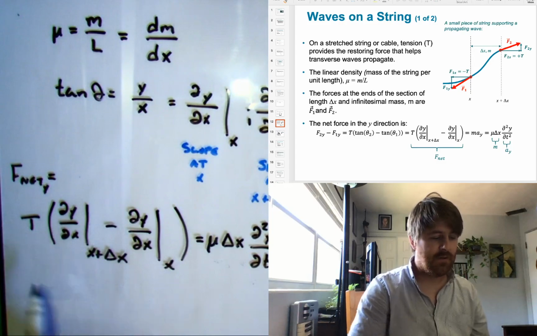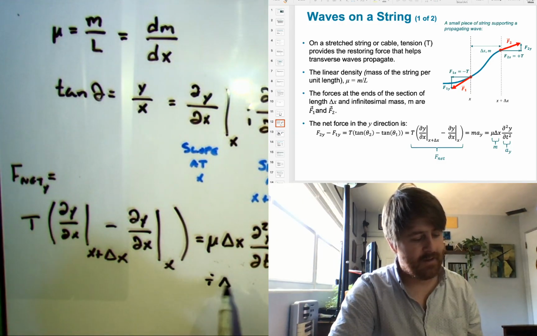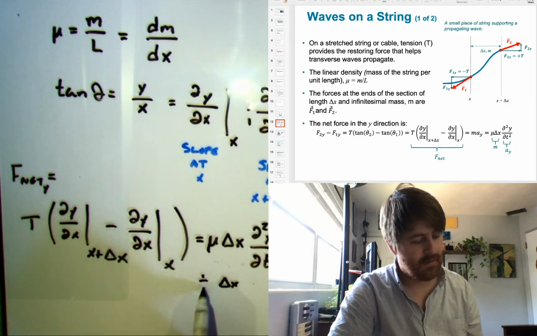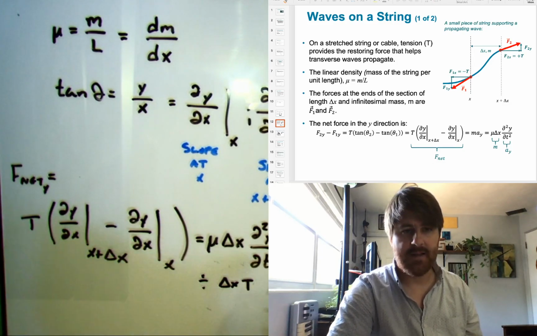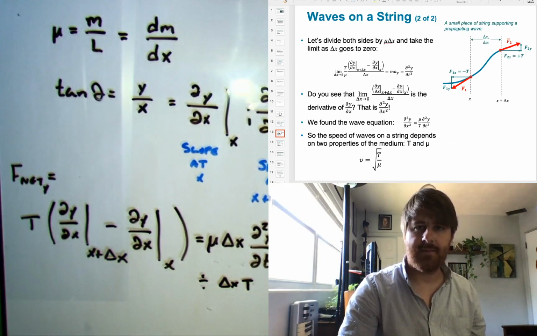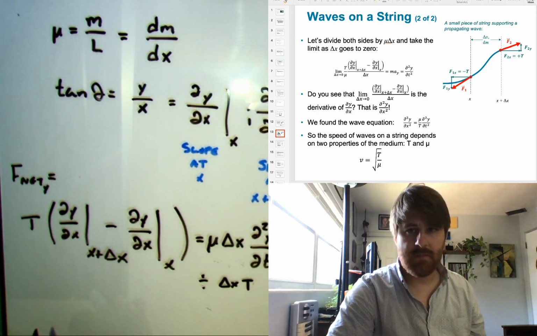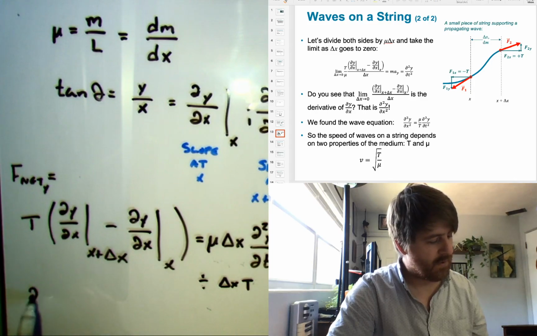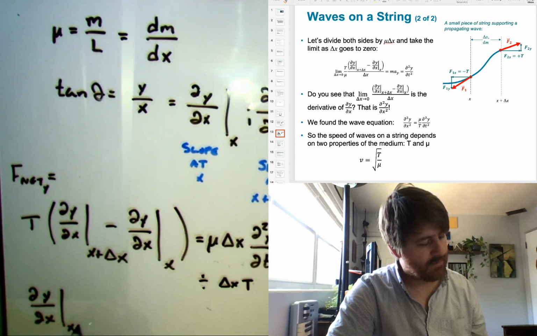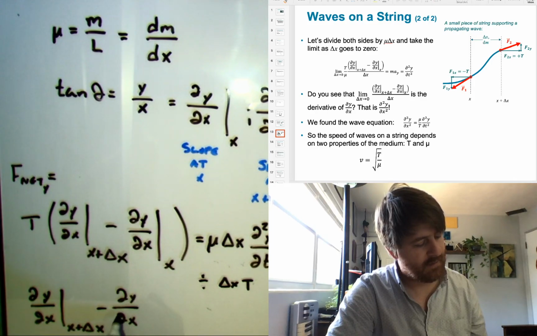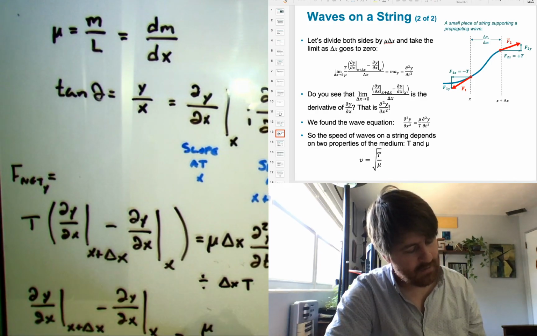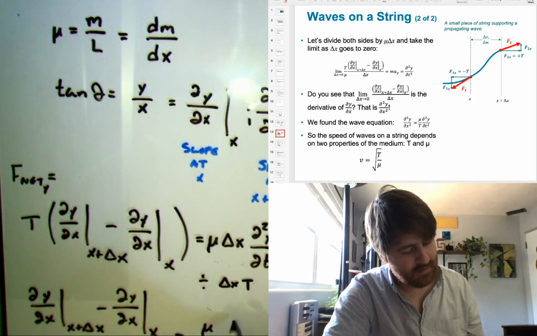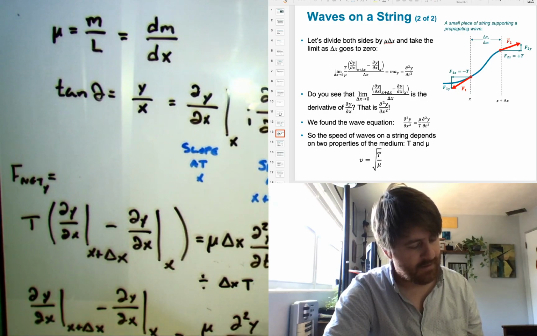Once we do this, if we divide through by delta x and divide through by t on both sides, then we get dy/dx at x plus delta x minus dy/dx at x, divided by delta x, is mu over t times the second derivative of y with respect to t.